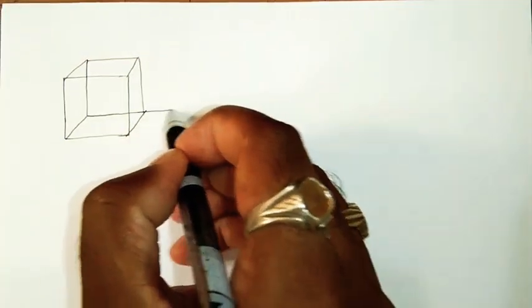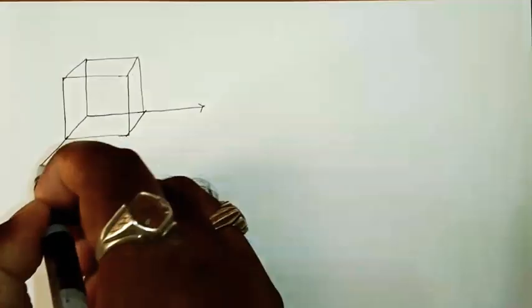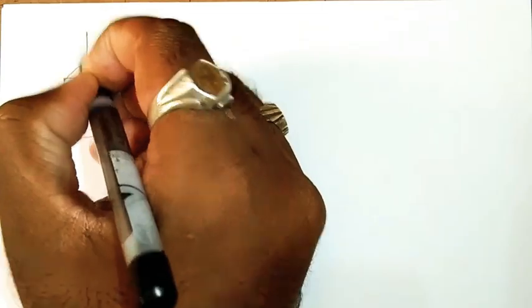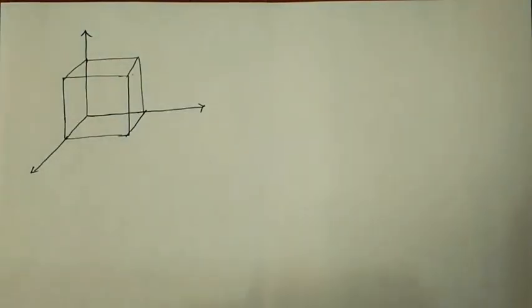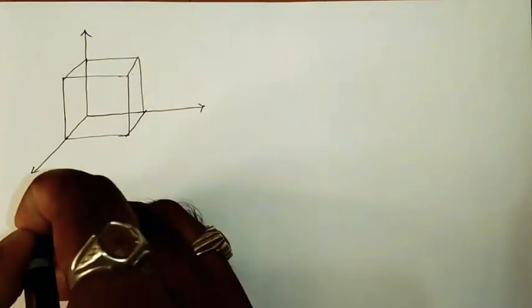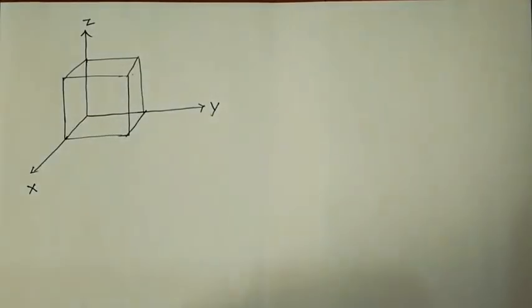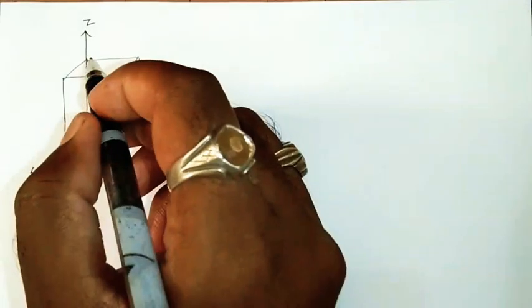This is the unit cell, and we shall consider the axes X, Y and Z. Suppose a plane is given in this way.